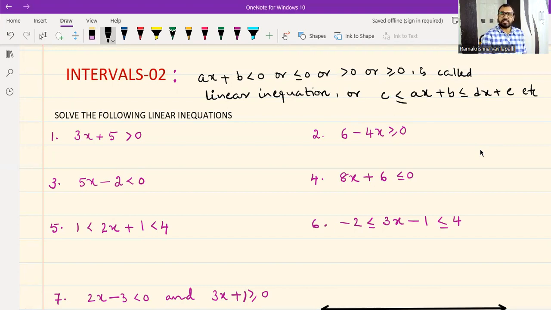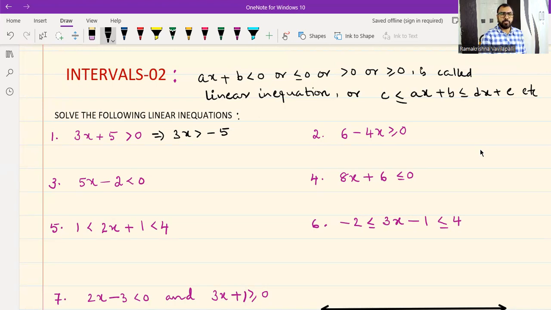So here, what is the first question you see? Solve the following linear inequations. 3x plus 5 greater than 0. Everything we have to express in interval form. So this implies 3x greater than minus 5, sending this 5 to this side. And now divide by 3.